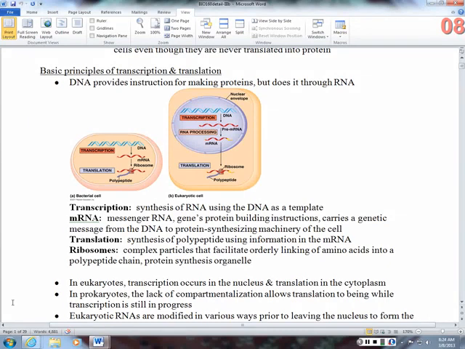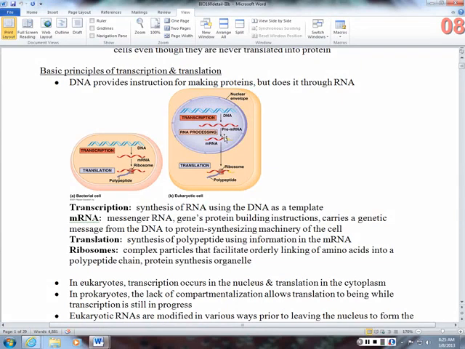Transcription is the synthesis of the RNA using the DNA as a template. Where we have those A and T's that pair together, the G and C's that pair together, when we copy to make another piece of DNA, you do a very similar process to make an RNA, and then that RNA gets sent out into the cytoplasm.